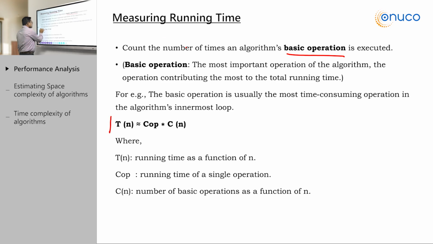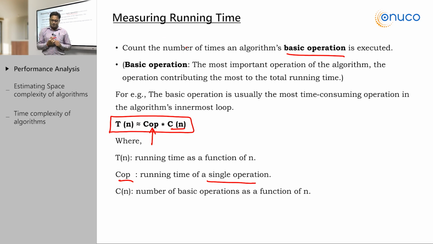When you compute the time complexity, it is basically C_op, the basic operation, and how many number of times it is going to execute. C_op is the running time of a single operation, the basic operation. That operation repeats some number of times. If you multiply those factors, it gives you the time complexity.